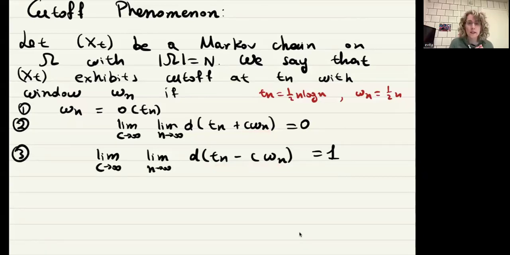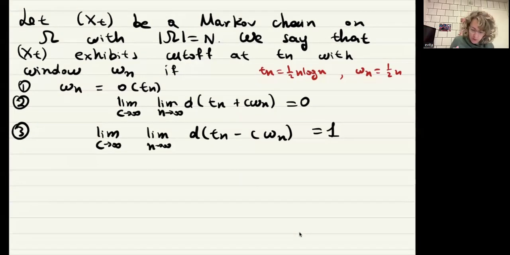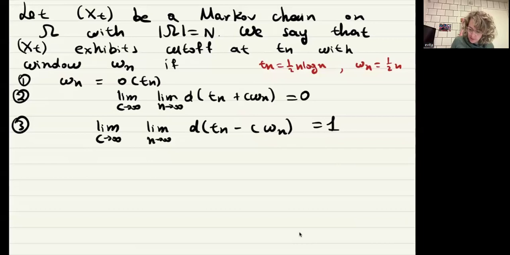So this is what describes cutoff, or at least I'm defining it the way that I need for this talk. Let me just say, before we continue to limit profiles, that for star transpositions, I don't want to have to write all of this again.